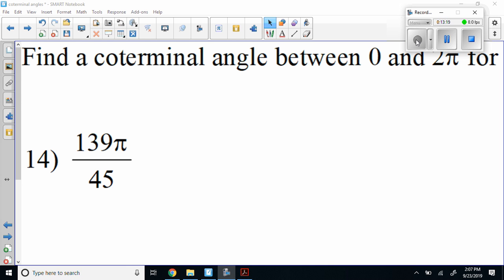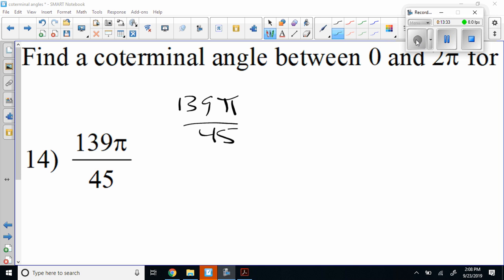Okay. You either got to where you need to on this one and feel comfortable, or you're like, I don't know. So let's do the obvious, right? It's positive 139 pi over 45, right? So what do I need to do? Subtract 2 pi, right?